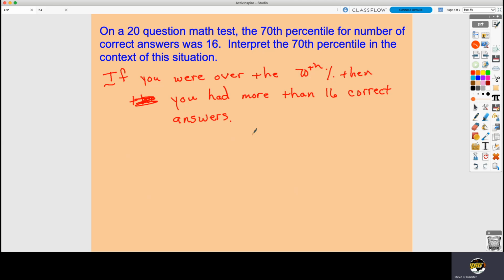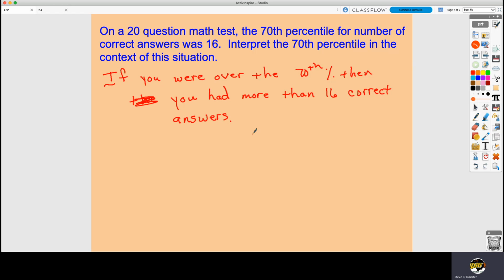I was thinking just a completely different situation. Say class rank. If you're in the 70th percentile of your class, if you were above the 70th percentile in your class, maybe you were like the 8th student and below, right? Does that make sense? If you were less than the 70th percentile in your class, then it would be above that 8th student and higher.